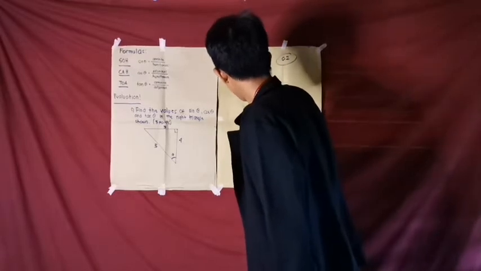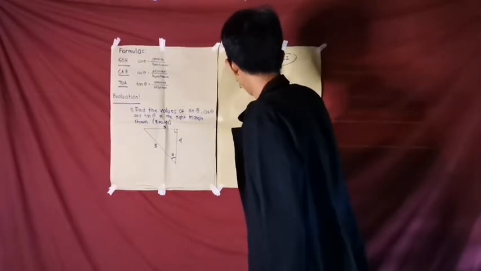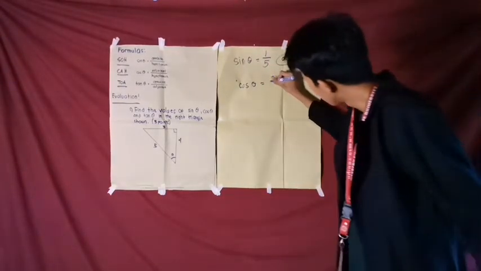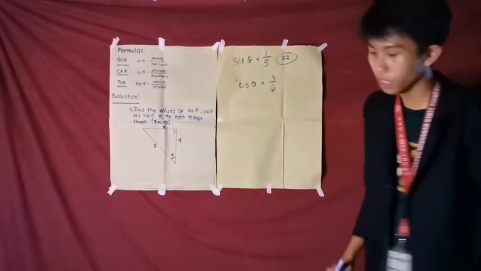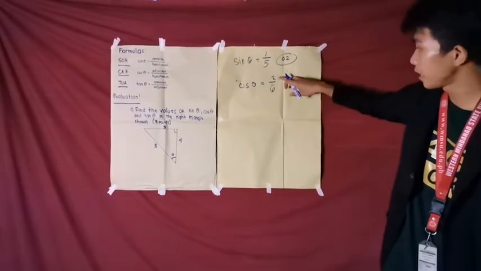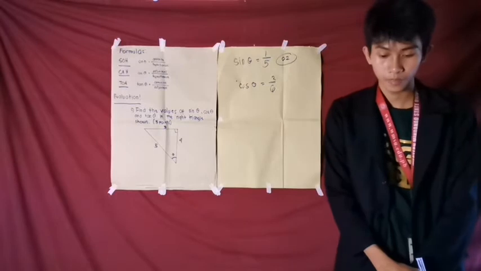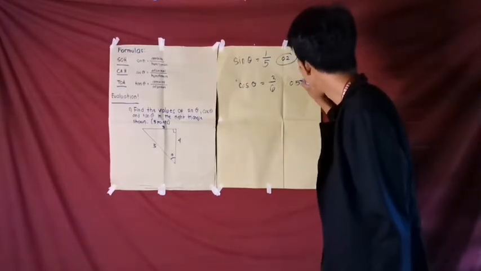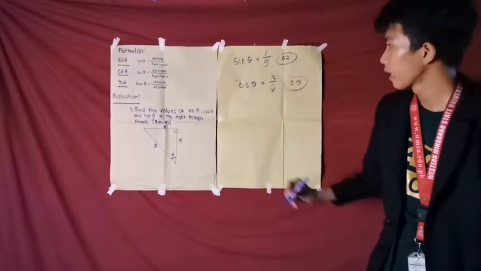Another, the cos. 3 over 6. Kindly solve, class. Same procedure, 3 divided by 6. Okay, 0.5. Correct?